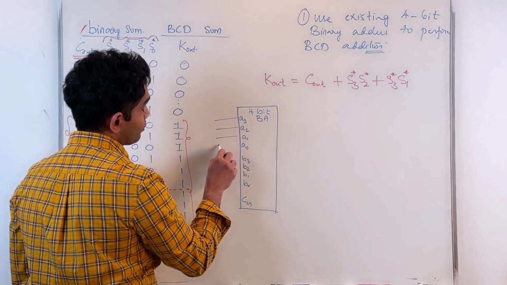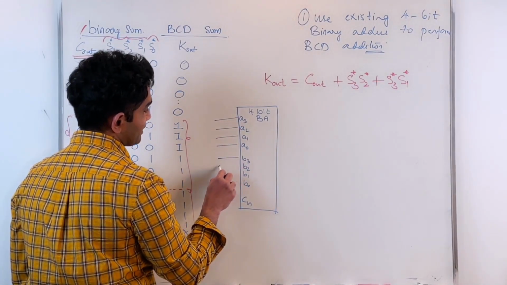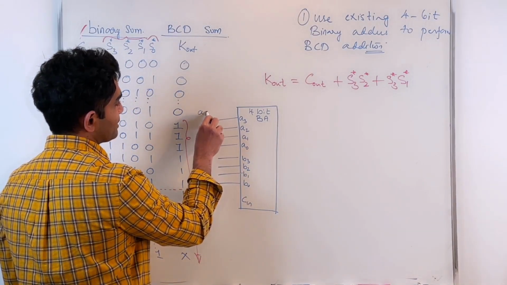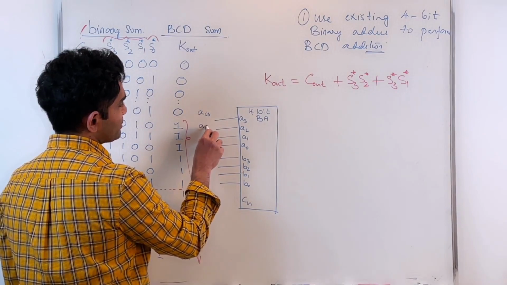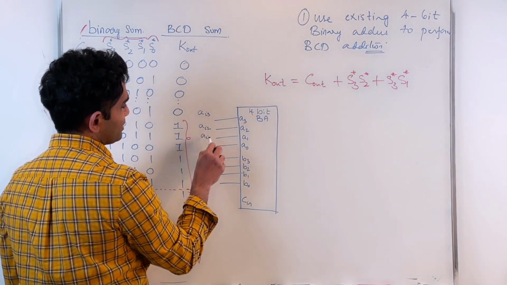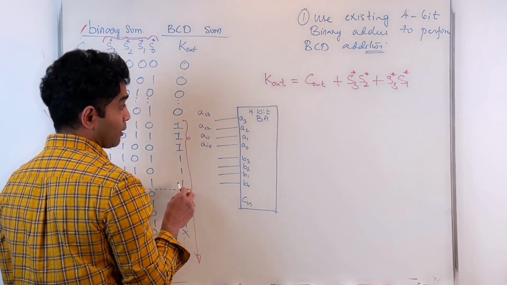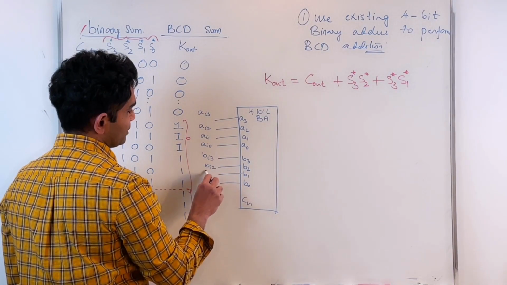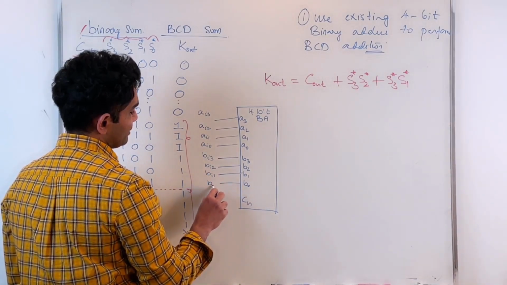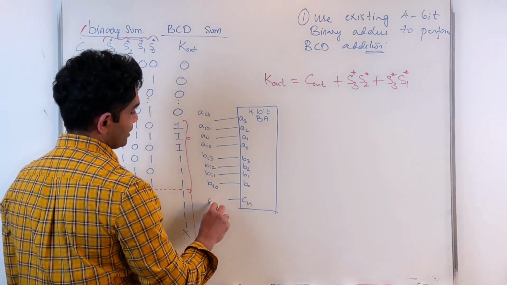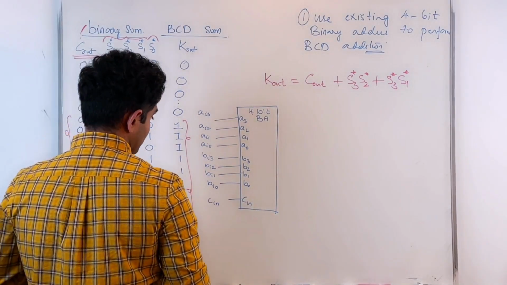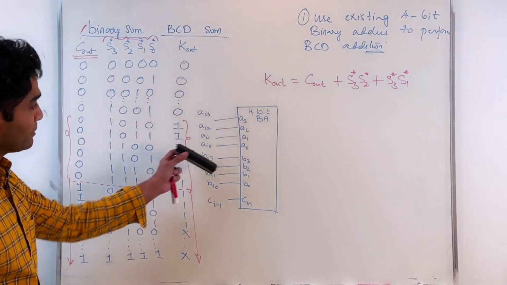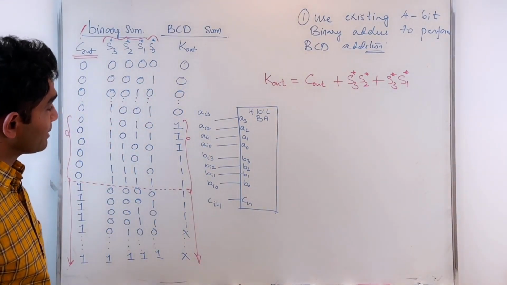So that's my first binary coded decimal value being applied. The second binary coded decimal value being applied. Remember that was AI3, AI2, AI1, AI0. That's what we started out with. BI3, BI2, BI1, BI0. That's your C in, or in this case, your CI minus 1 that you're applying to the C in position of the adder.